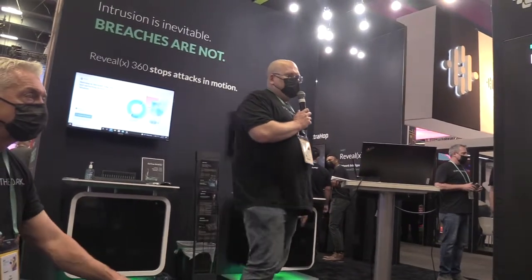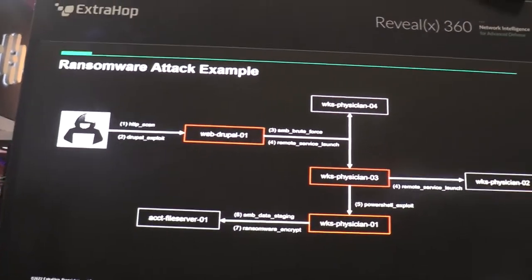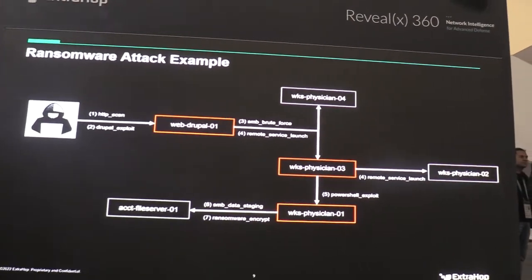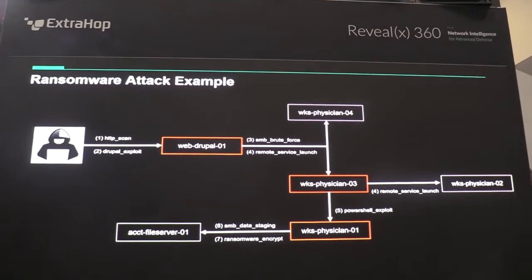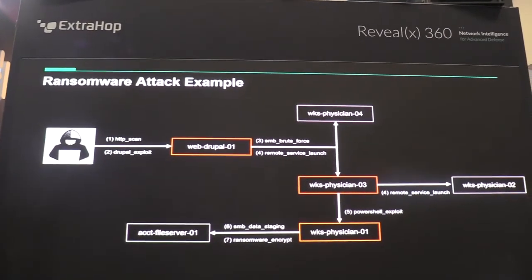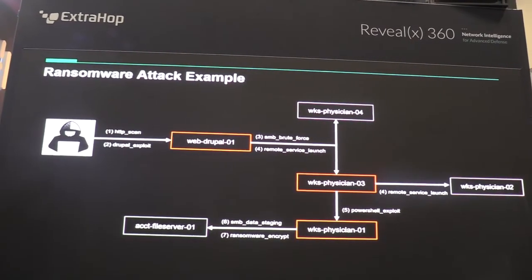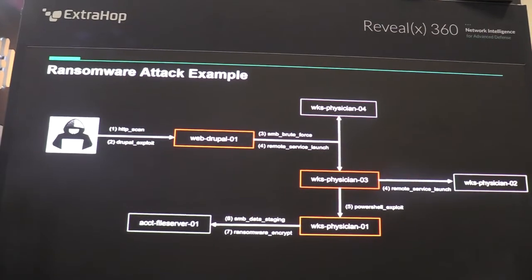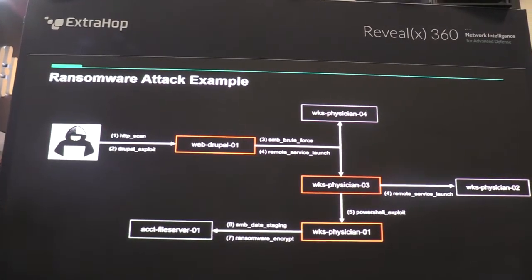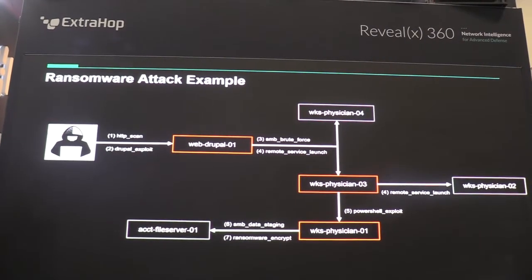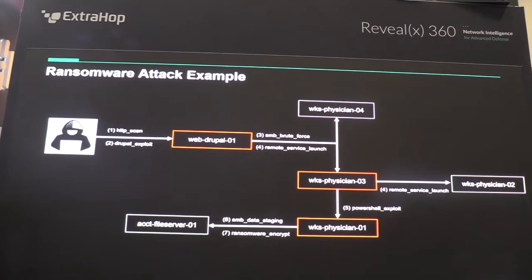I'm going to skip a slide here because this is the most important part. This is a real quick, high-level insight into a demo that we have within our demo system. When I wrap up, if you want to walk around to one of the demo pavilions and have one of the engineers walk you through this, you can. Basically, we have an attacker in the outside world. You see this guy here? Kind of a suspicious-looking fellow. He scans one of our public-facing web servers. He then identifies that it's a Drupal web server, so he attacks a known exploit in that particular device.